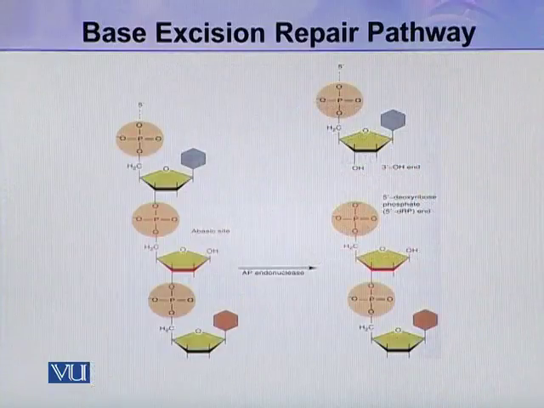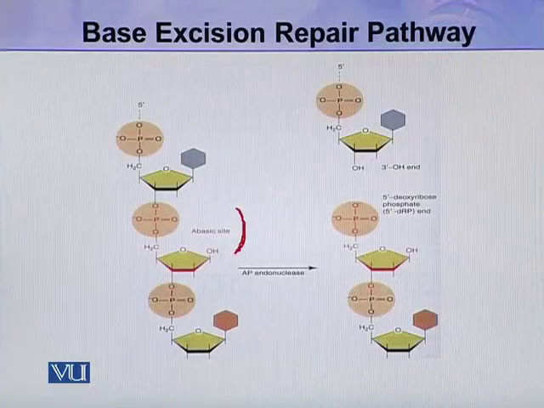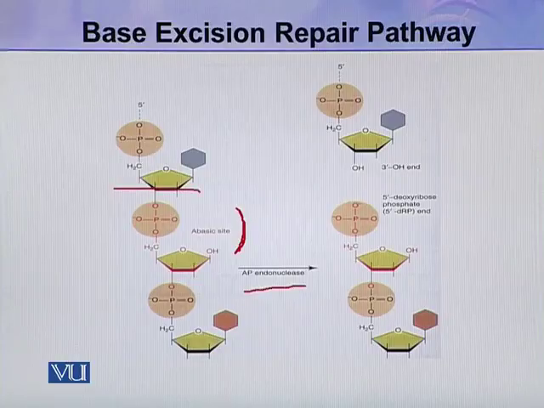So here you can see the first reaction caused the removal of a nitrogen base from here, and this created an AP site, and the AP endonuclease then cuts from this 5' side.